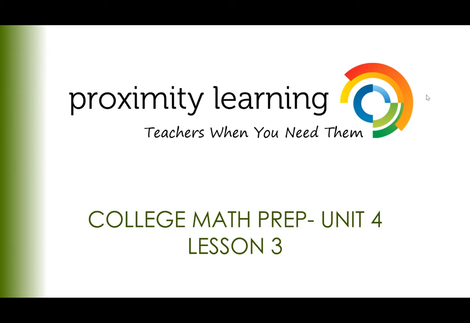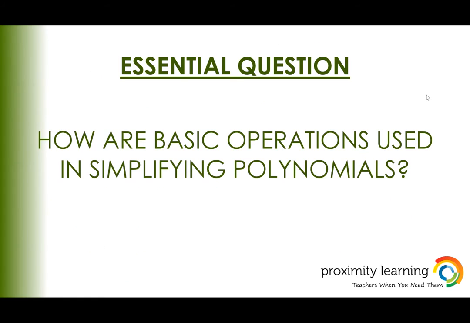All right. What we're going to do today is reuse some of our knowledge from 4.1 in dealing with properties of exponents, and now we're going to learn how to multiply polynomials. Okay, so we're still continuing with our essential question: how are basic operations used in simplifying polynomials?